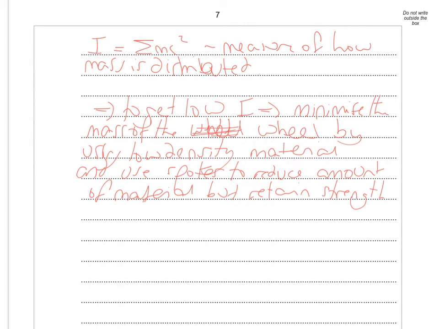So what you do is use spokes and low density materials to maintain the strength, but keep the moment of inertia as small as possible. And a key thing you might want to put in here is linking the angular acceleration to the linear acceleration. If the angular acceleration of the wheel is bigger, that would mean the linear acceleration is bigger as well. So that would be a nice part to add into that answer, I think.